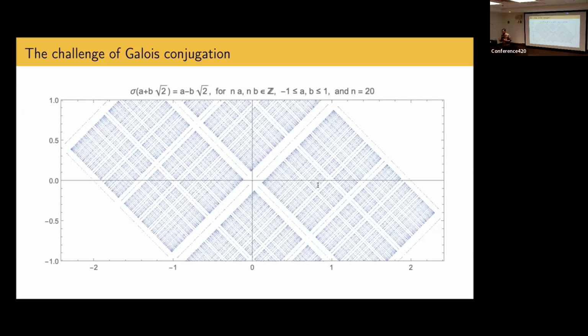That is really not true for points that are nearby on the real axis of the form a plus b root 2, where a and b are rational. If I pick, let's say, this point, this plot shows what it gets mapped to under Galois conjugation. Some nearby point goes to some wildly different place. So this map is violently discontinuous as a function of the points on the real line. This is not anywhere near a continuous map.